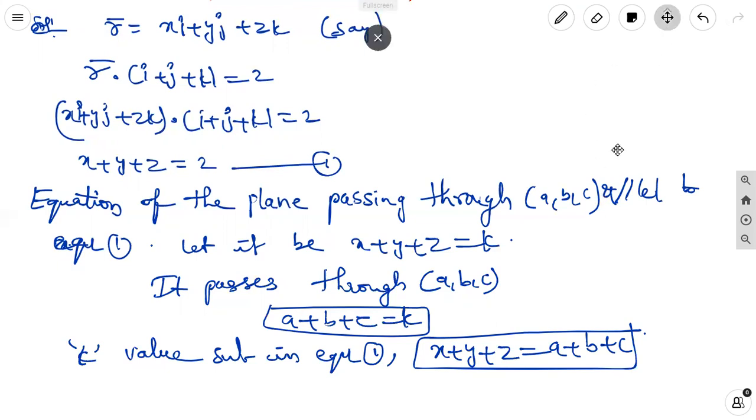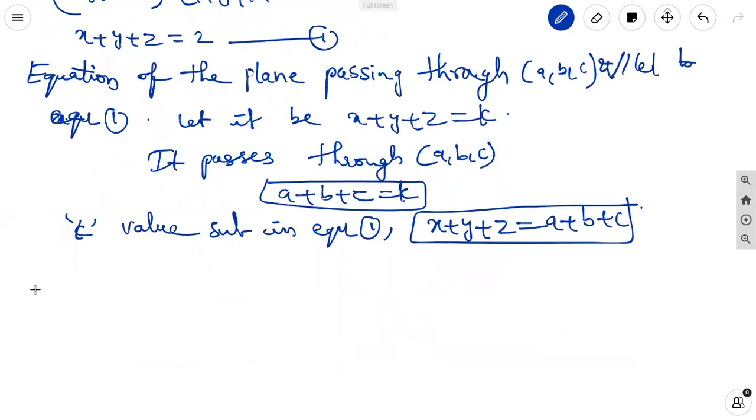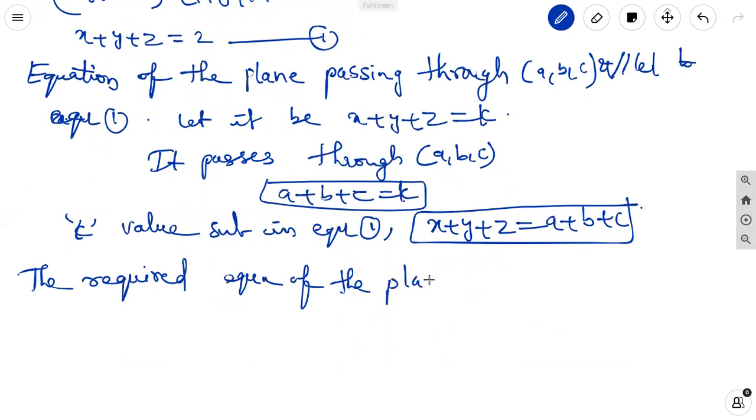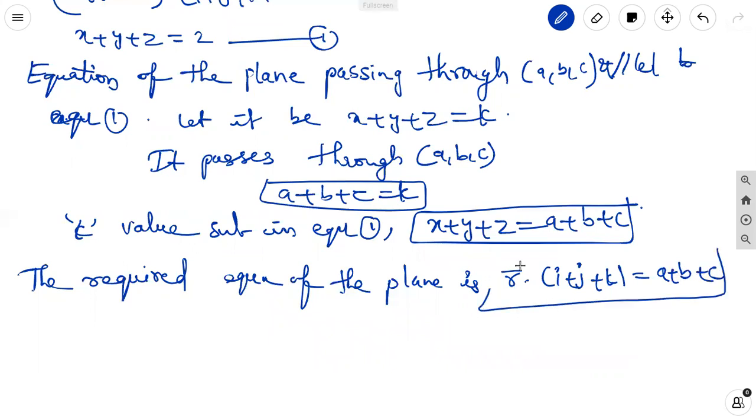So the equation of the plane is r vector dot (i plus j plus k) is equal to A plus B plus C.